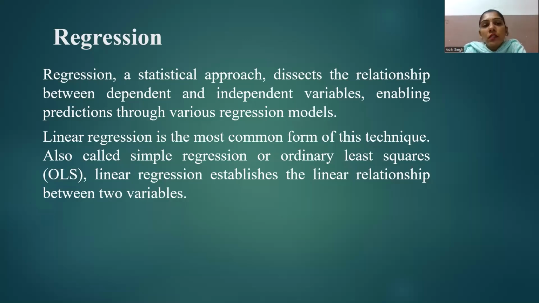If we talk about the meaning of regression, we can say that regression is basically a study of measuring the relationship between associated variables, where one variable is the dependent variable and another variable is the independent variable. Regression is a statistical technique used to find the relationship between the dependent variable and the independent variable.